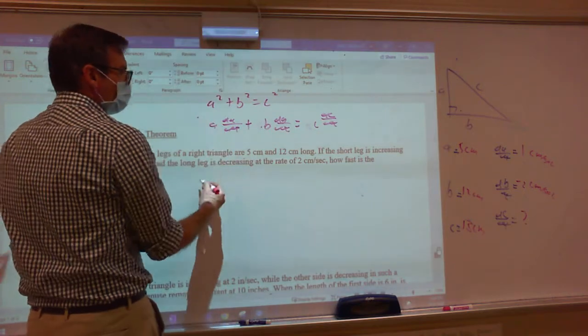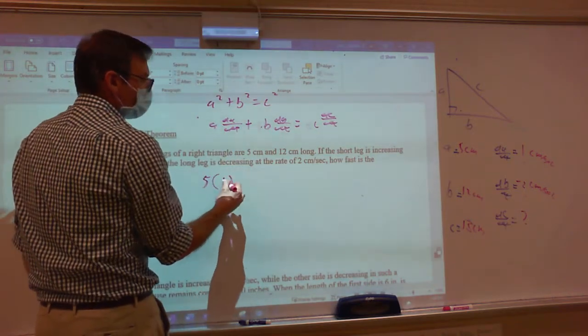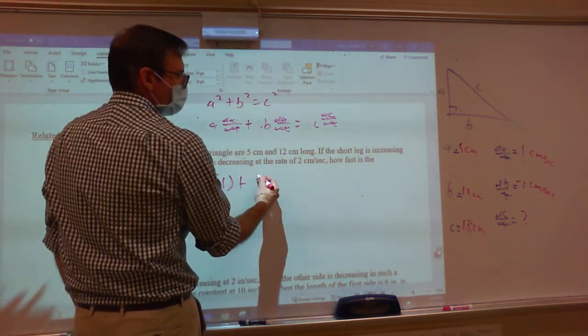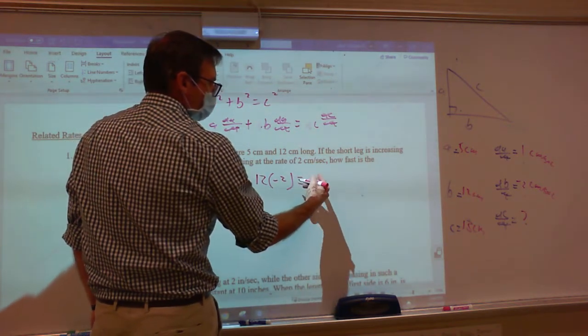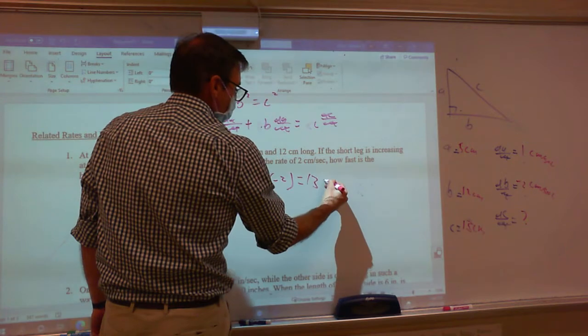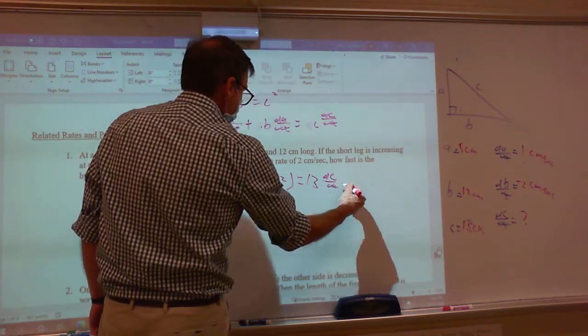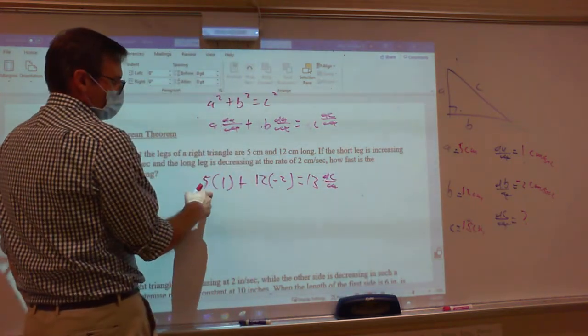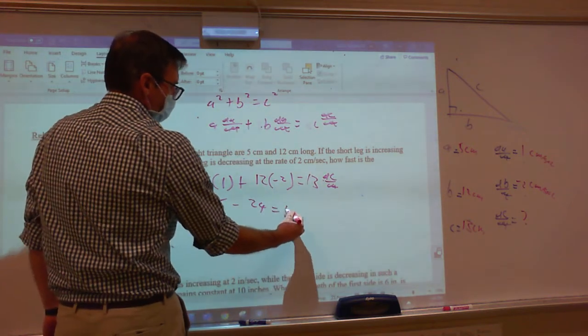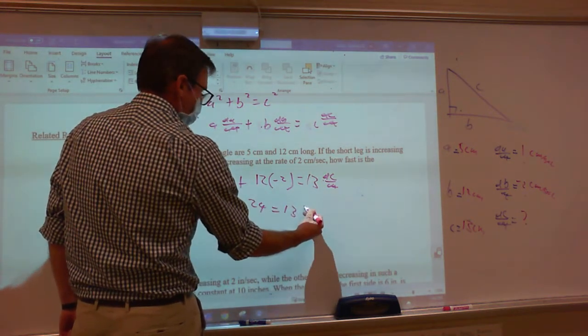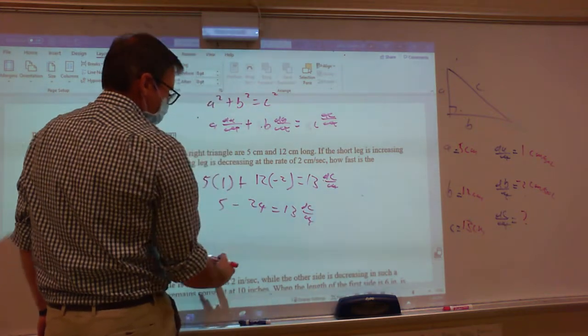Let's see, A is 5, so that's 5 times 1, plus 12 times negative 2 equals 13 times dC dt. So that's going to be 5 minus 24 is equal to 13 dC dt.